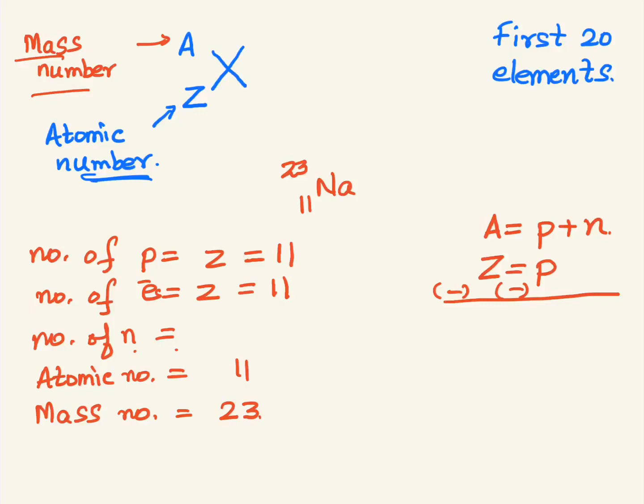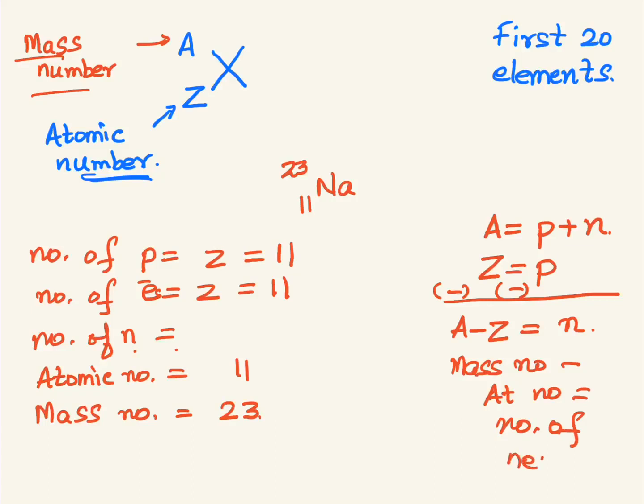What will I get? Yes, go ahead. A minus Z will give you N. That means mass number minus the atomic number gives you the number of neutrons. Yes, so simple, right? So we have 23 minus 11 gives us 12.